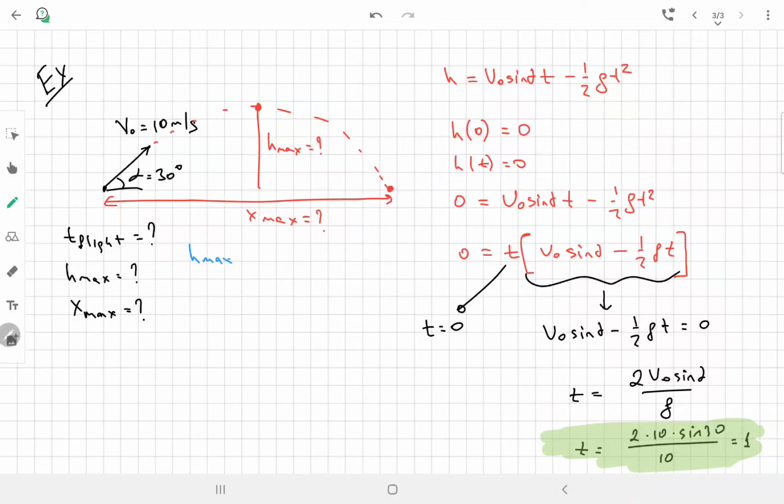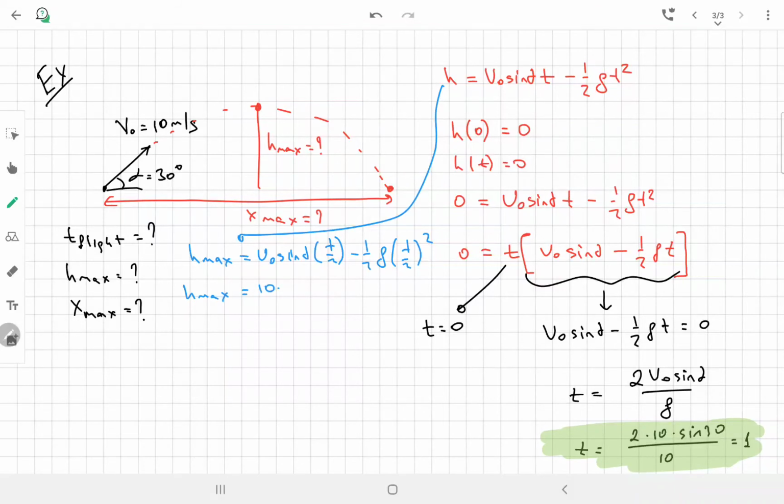That's all. So let's try this one. Height max equal to, I will use this equation because time equal to 0.5 seconds. v0 sine alpha times t over 2, here t is total time, minus 1 over 2 g times t over 2 square.